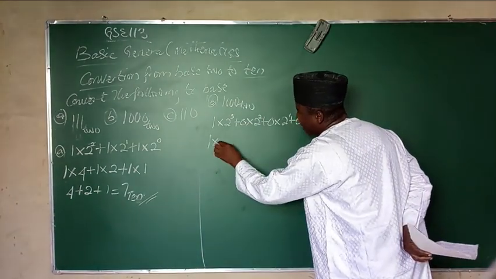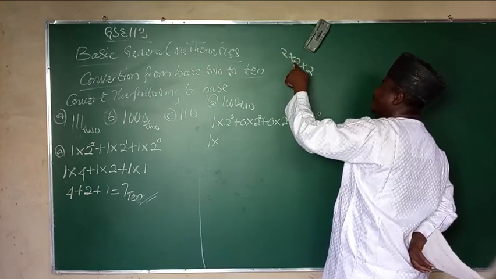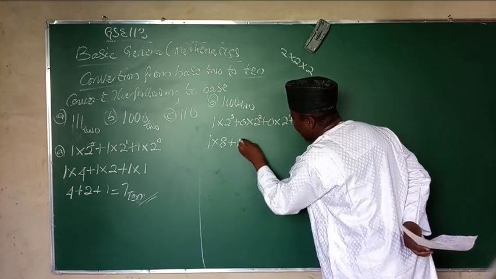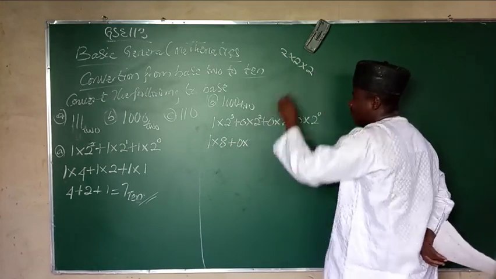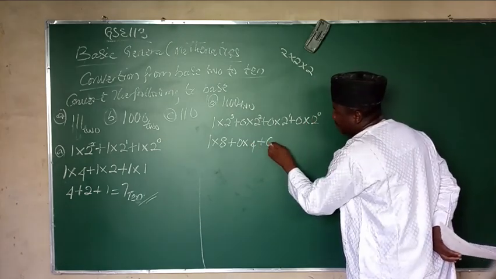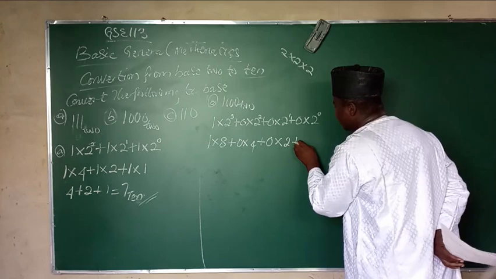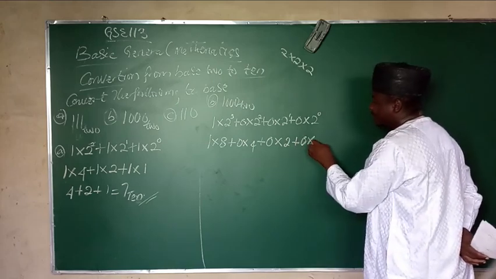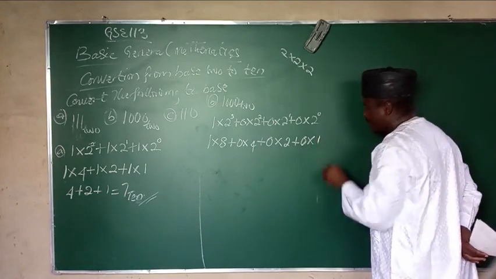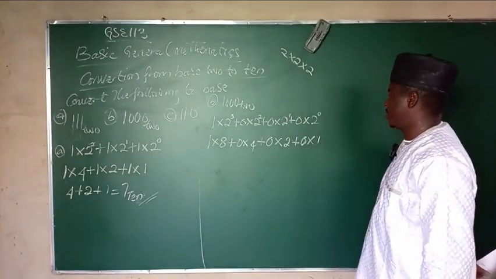Therefore, we have 1 times 2 to the power of 3, same as 2 times 2 times 2. 2 times 2, 4 times 2, that's 8. Therefore, plus 8, plus 0 times 2 to the power of 2, that's 2 times 2, is going to give us 4, plus 0 times 2 to the power of 1, which is of course 2, plus 0 times 2 to the power of 0, which is 1. Like I told you, law of indices, any number to the power 0 is 1.